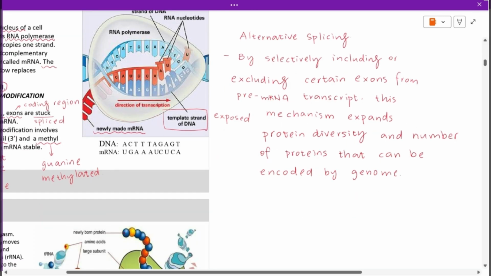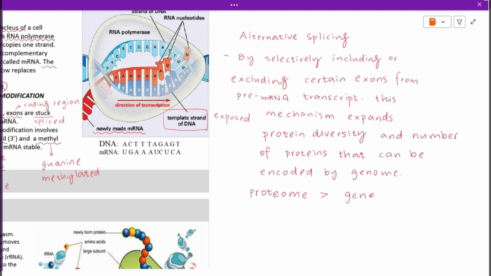By doing this, we can see that the proteome is often or always greater than the genome.